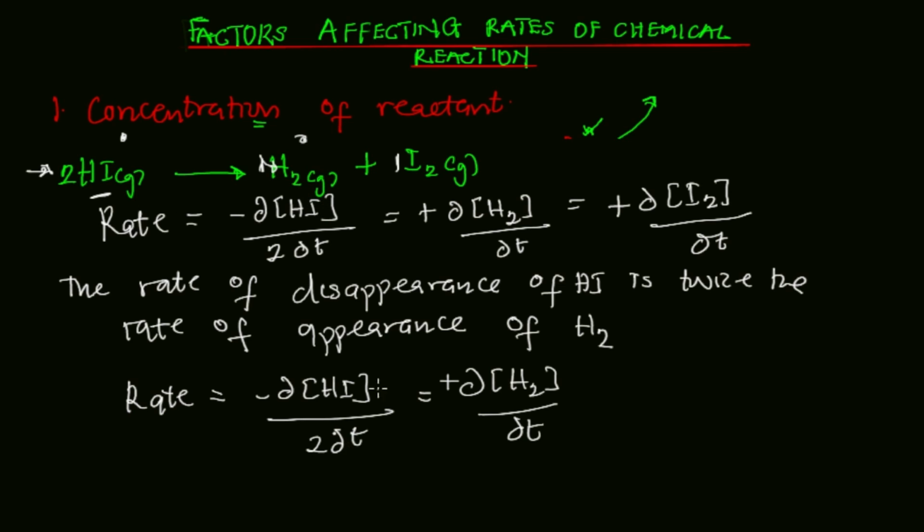So as you can see, the rate at which this HI is decreasing, that's why you are seeing the negative here, is equal to the rate at which this hydrogen gas is increasing, right? So this is half here and this is 1 here, so half divided by 1 is still half. That shows that the rate at which HI is decreasing is twice the rate at which hydrogen gas is increasing. The negative sign I've explained earlier shows that the reactant is decreasing, whereas the positive sign indicates that the product is increasing.